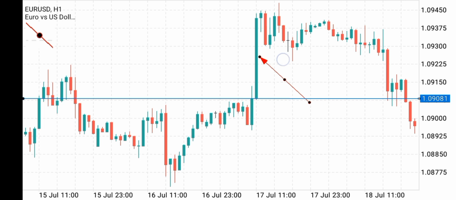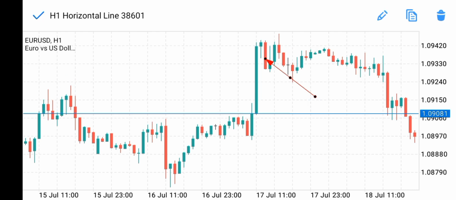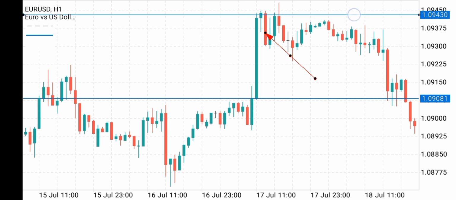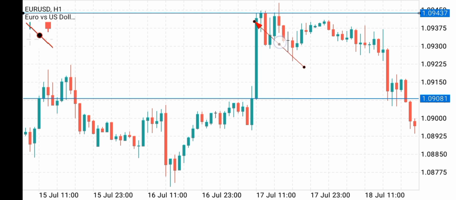This is the highest point right here that the buyers took price to. Let me put my line right there. This is the highest point. The tip of the shadow is the highest point, and this colored part is called the body. The end of the colored part is called the closing price.